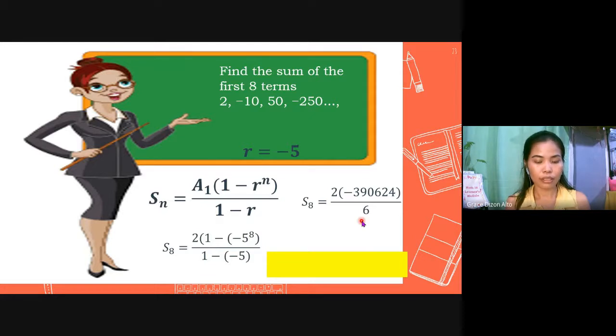That is 390,625. So let's write it down. So 390, oops, 1,625. Oh, why? Let's erase this first. Can't fit.